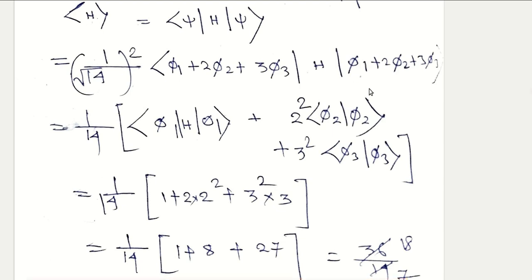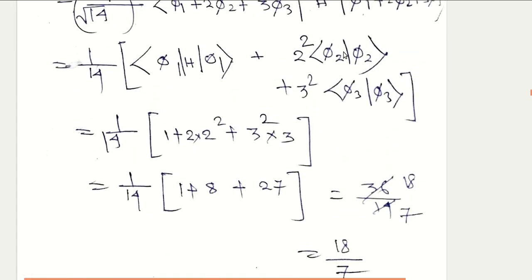and here basically this H will be there. Sorry, I haven't written that. So it will be phi 2 H phi 2 and phi 3 H phi 3, and H phi 2 is basically 2 into phi 2. That's why this 2 comes, and H phi 3 will be 3 into phi 3. That's why this 3 comes. Phi 2 phi 2 is basically 1, and phi 3 phi 3 equals 1.